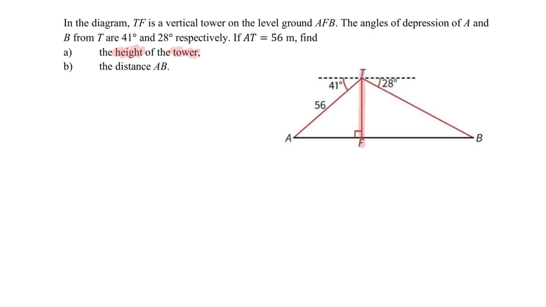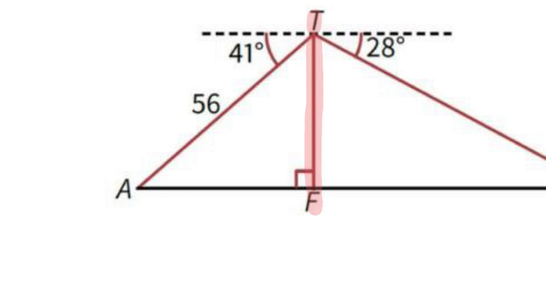So if I delve deeper into the diagram itself, we are given AT is 56 meters. Then if I have this particular angle here, angle ATF, which is simply 90 degrees minus 41 degrees, this is 49 degrees, then we could apply the trigonometric ratios, TOA-CAH-SOH, yes?